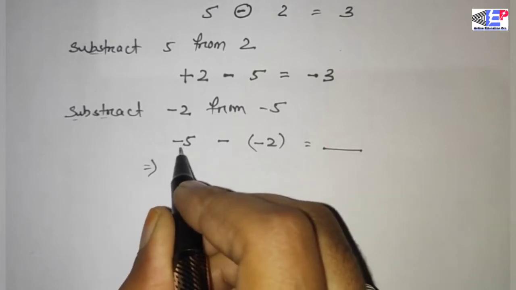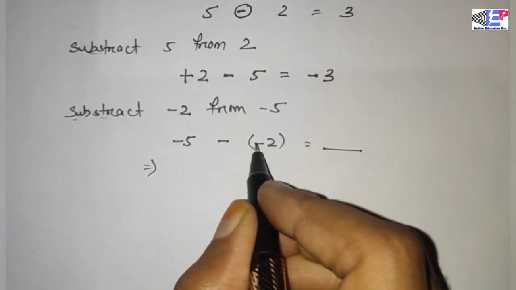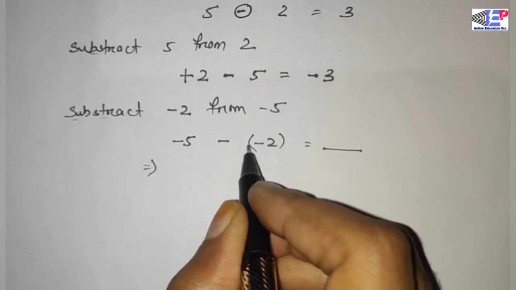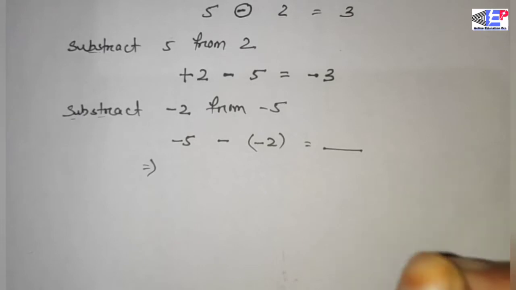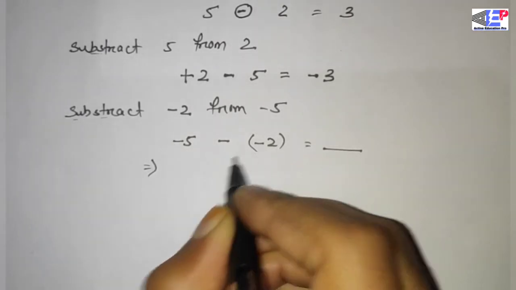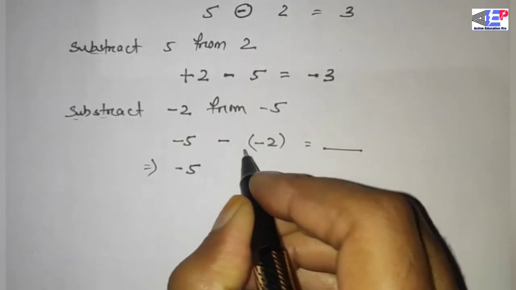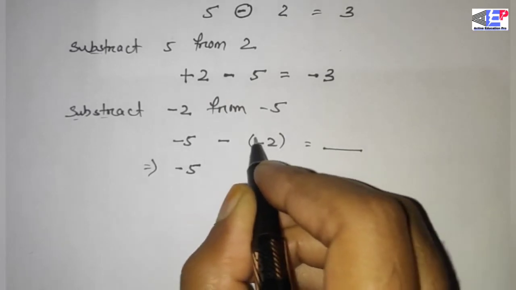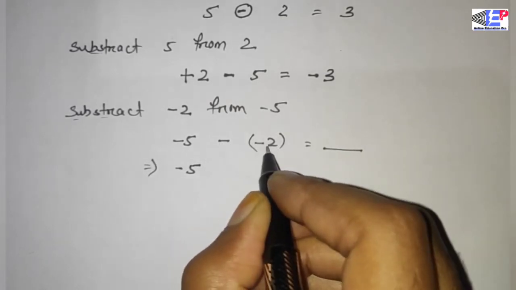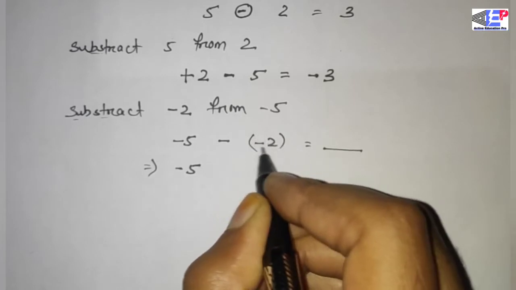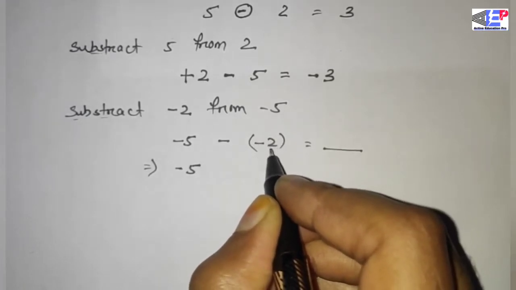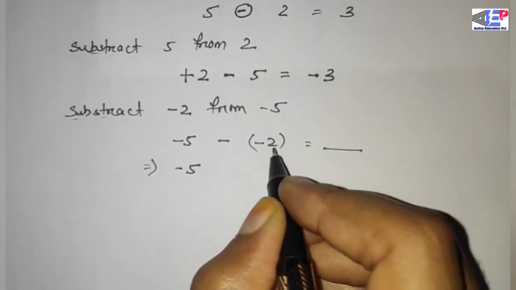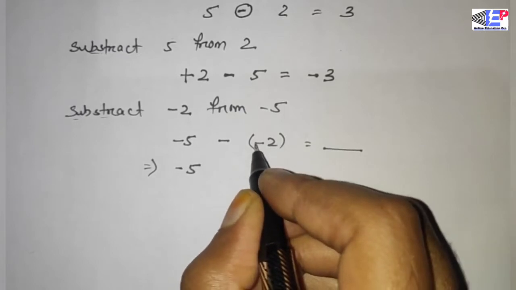Look here, this is minus 5 minus minus 2. It is not possible to keep both minus signs. It is not possible to keep two signs at a time in an expression. So you have to simplify this expression. There is a minus sign outside the bracket, so you have to change the sign of the number inside the bracket. So what will the sign be? This is the minus 2 sign.